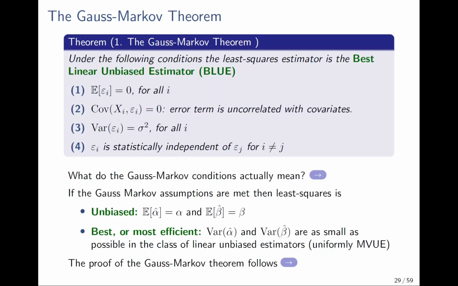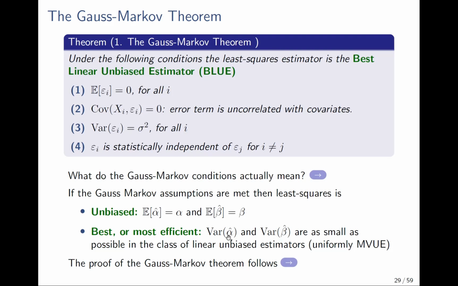Now, if the Gauss-Markov assumptions are met, then what we can show is that the least squares estimator is unbiased. That is, the expected value of alpha hat is equal to the true value of alpha, and the expected value of beta hat is equal to the true value of beta. And they're also the most efficient, or what we call best.